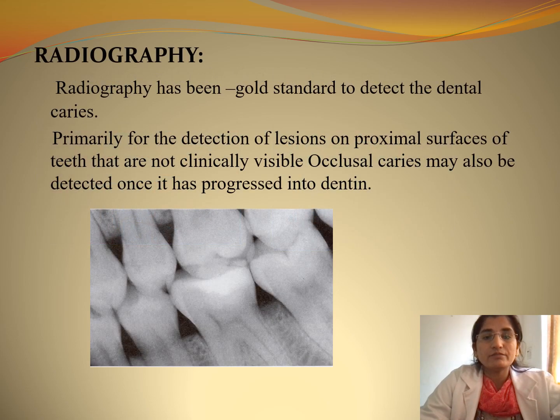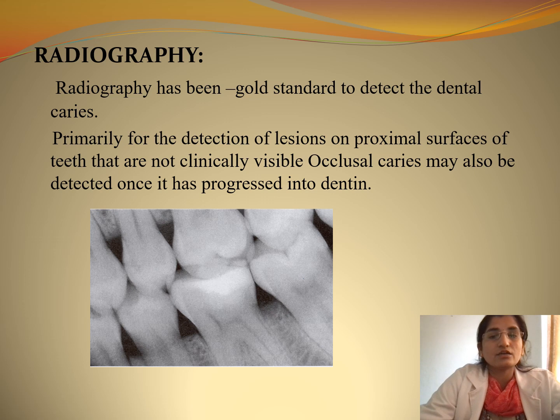Coming to radiography, it is considered one of the gold standards to detect dental caries. Primarily for the detection of lesions on proximal surfaces of teeth, which are usually clinically not visible, one will always go for radiography.